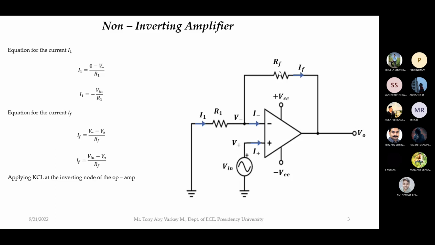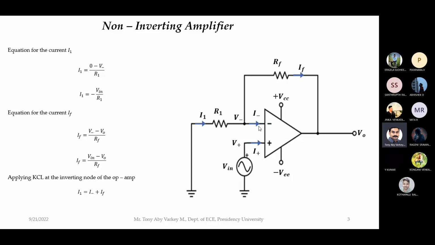Now we are going to apply KCL at the inverting terminal of the op amp. So what is the KCL at this point? Only at this point we can apply KCL here. I1 equal to IF plus I minus.